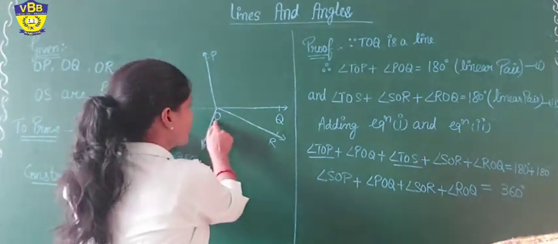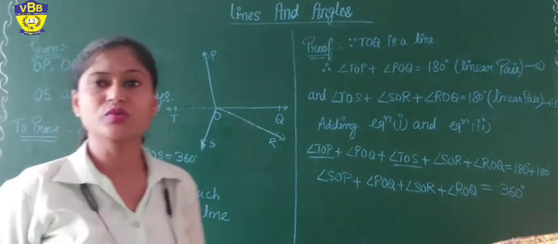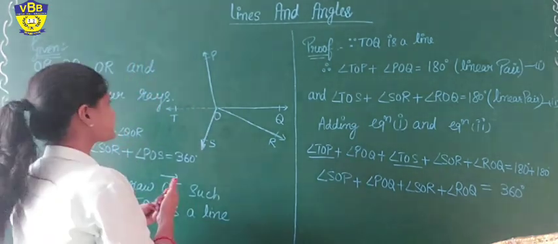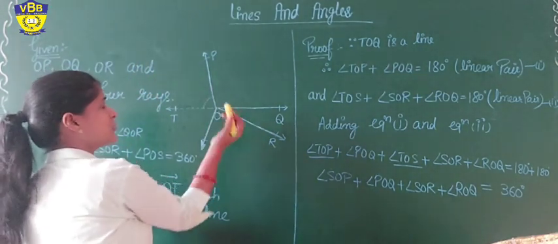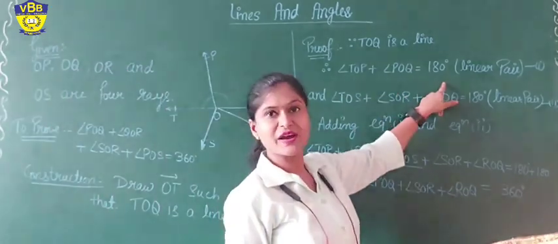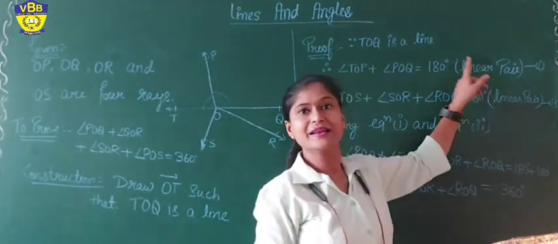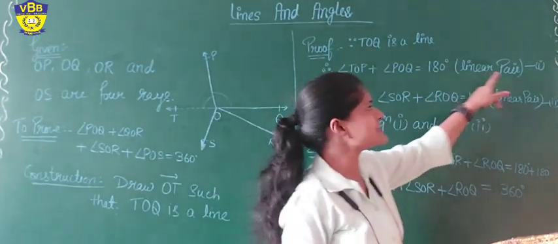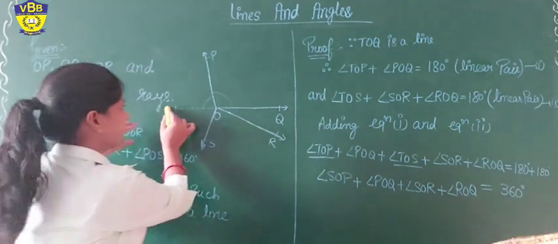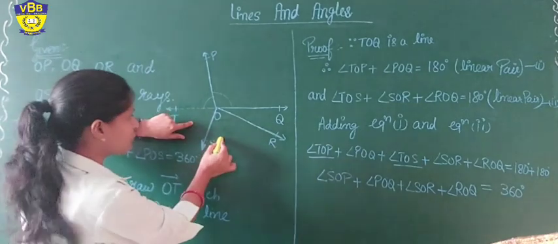As we know TOQ is a line, the angles on TOQ, that is TOP and POQ, make 180 degrees. Why are they equal to 180 degrees? Because they make a linear pair, and we mark this as the first equation. Now the second one: this line is made on the downward side.